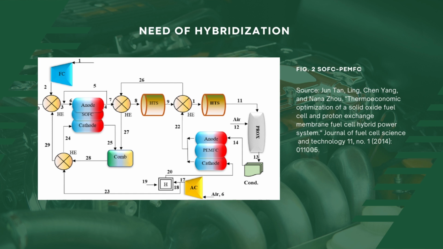To decrease exhaust gas temperature and humidity, the air coming from the compressor is made available for SOFC at the cathode side. Finally, hydrogen enters the PEMFC stack from the anode and reacts with humidified air at the cathode side to generate electricity.